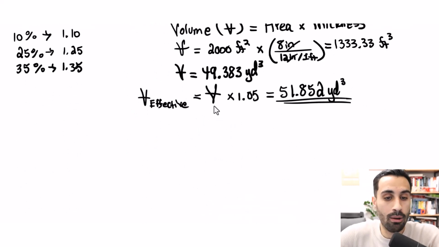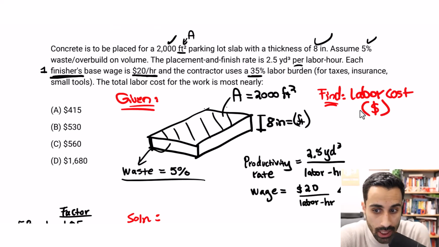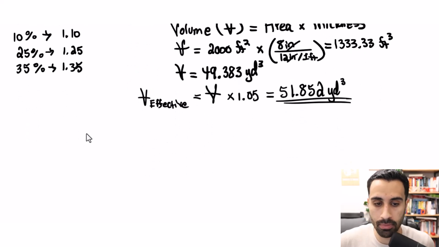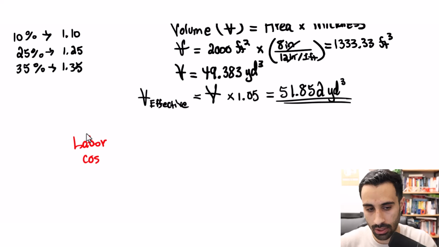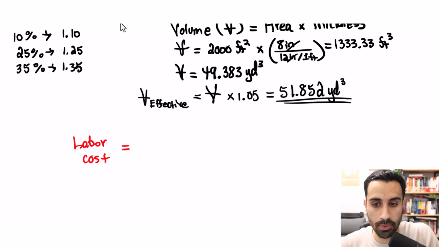The next step, I'm just going to do one simple step, dimensional analysis, cancel units, and get the labor cost, the unknown. My unknown is a cost in dollar amount. So I'm going to say labor cost will equal. I'll start with the effective volume. Typically, that's what you will start with in a similar problem like this.